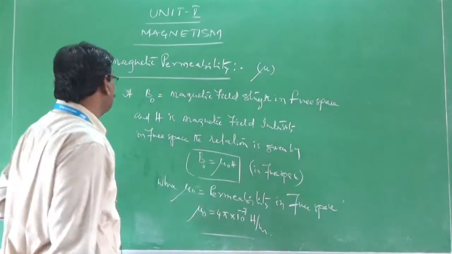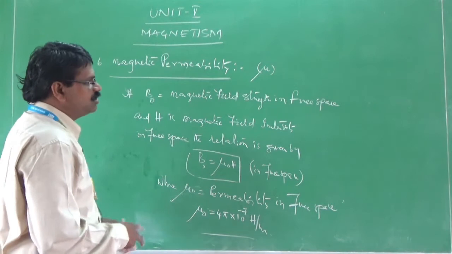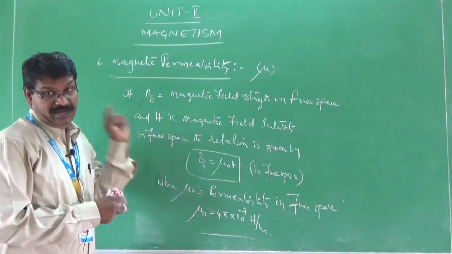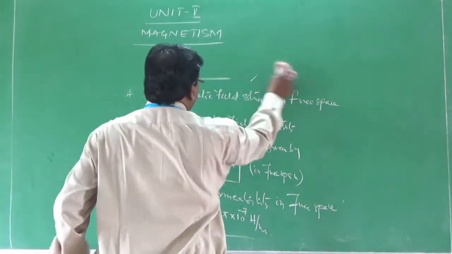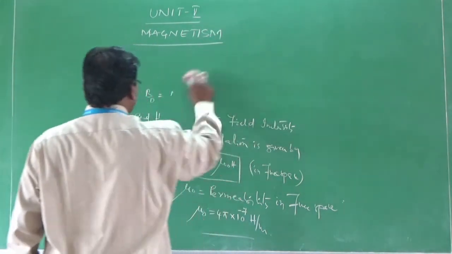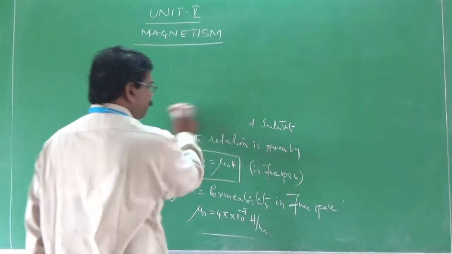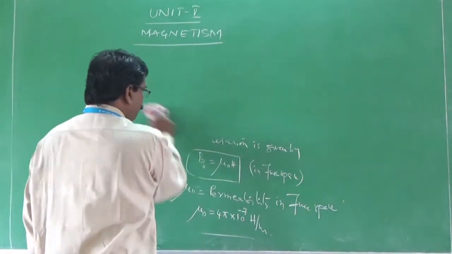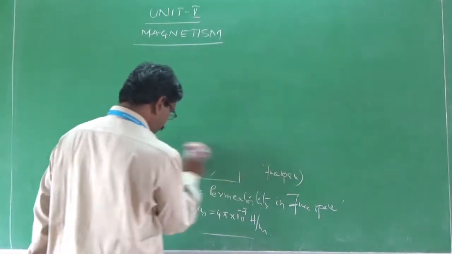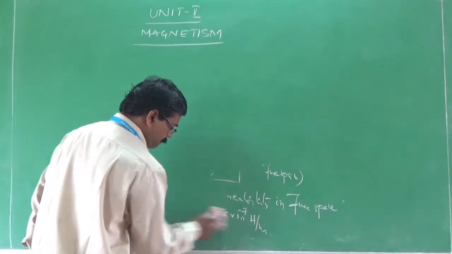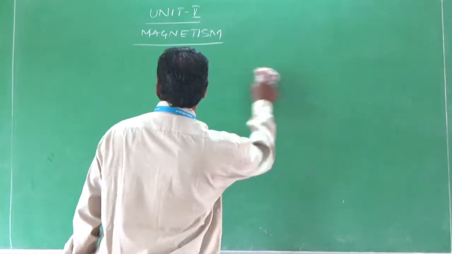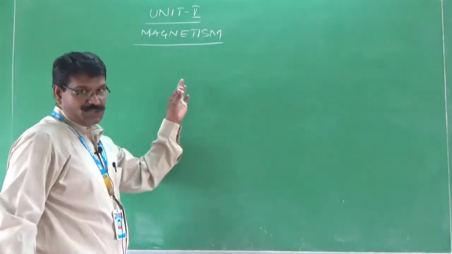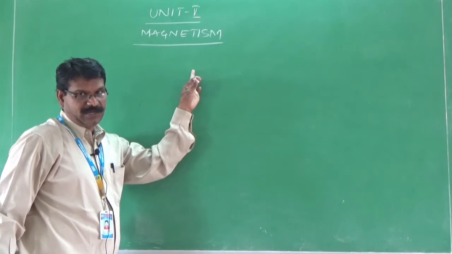Now we are going to enter into the seventh definition, which is called intensity of magnetization. Let us see this. The seventh definition of basic definitions of magnetism is as follows.